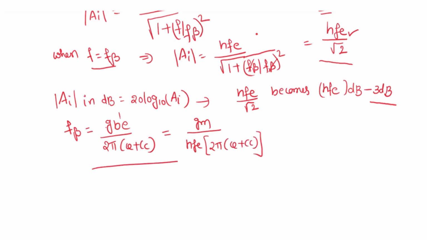So this is the formula of your f beta, the beta cutoff frequency. It is the frequency at which the current gain at low frequency, meaning hfe, drops by 1 by root 2, or 3 dB if it is in terms of dB. The formula is f beta equal to gm by hfe of 2 pi into (Ce plus Cc). Then we'll move to another concept.